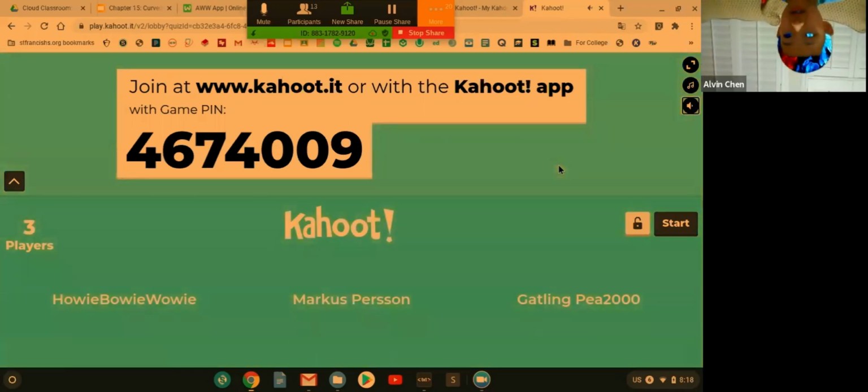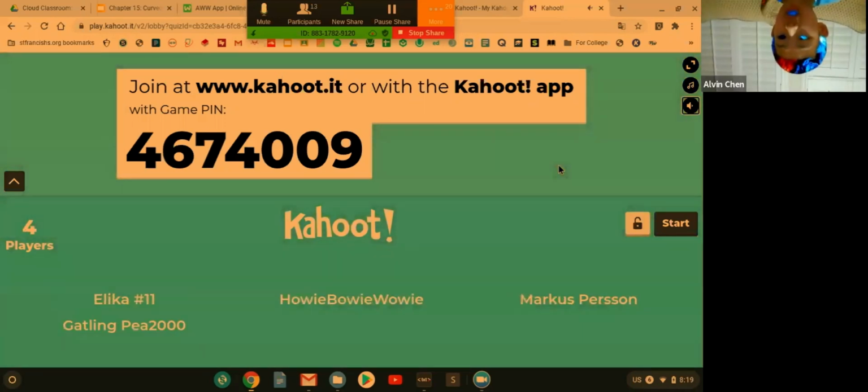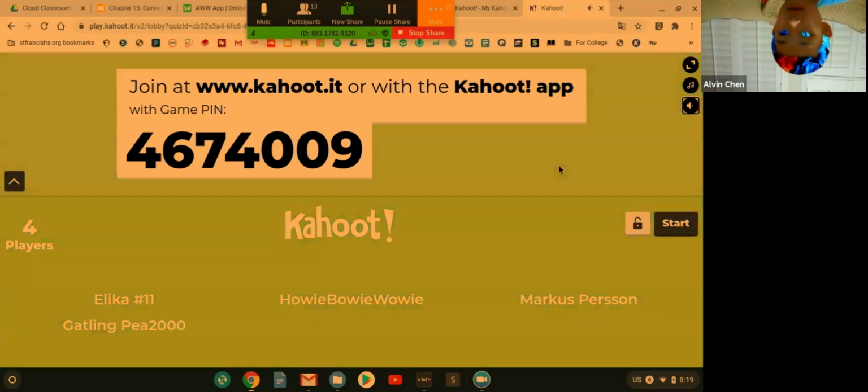Wait a second. He's searching it up. Which one is smaller, a yoctosecond or a nanosecond? What is the smallest unit of time? No, it's the Planck time.